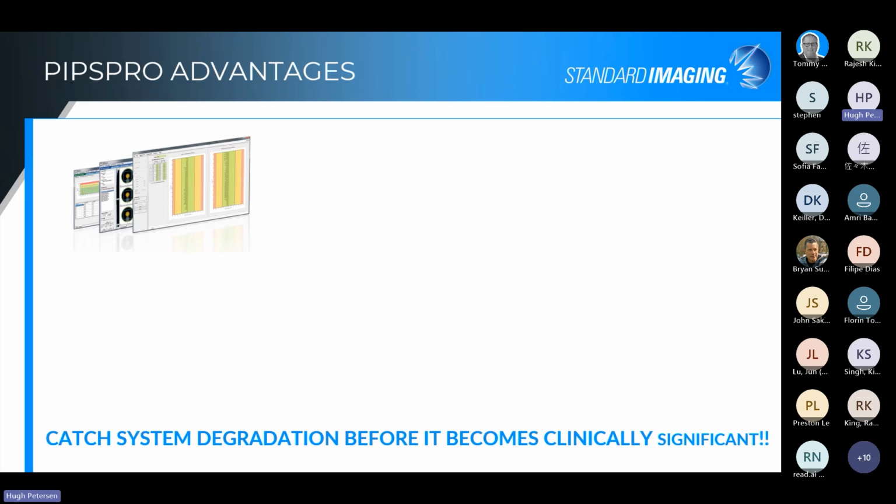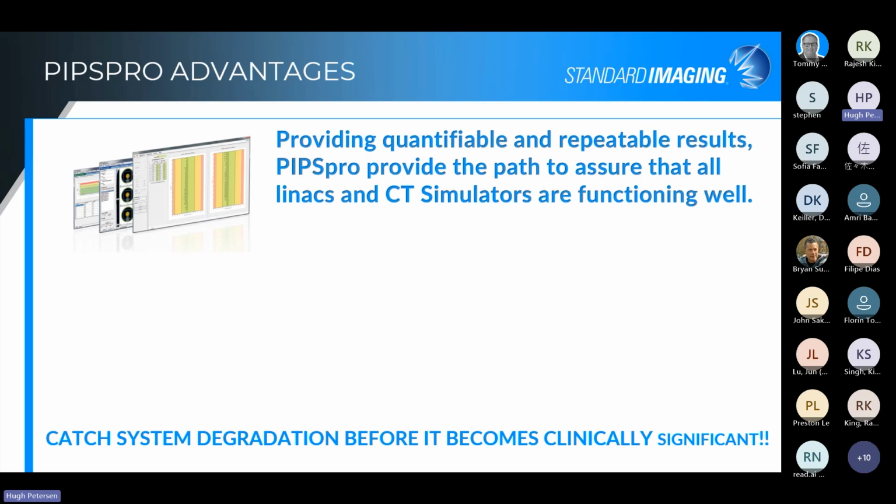So overall, the PIPSpro advantages: it gives you quantifiable and repeatable results to provide that path to assure that all the Linacs and your CT simulators are functioning well and correctly. It allows you to catch system degradation before it becomes clinically significant and causes downtime. There are over 30 TG140 tests in one package.